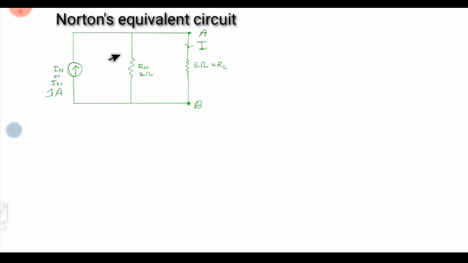Now in this case we will apply the current divider rule again to find the load current. Here the source current is IN, so I would be IN into the opposite resistance, that is Rn, divided by Rn plus RL.